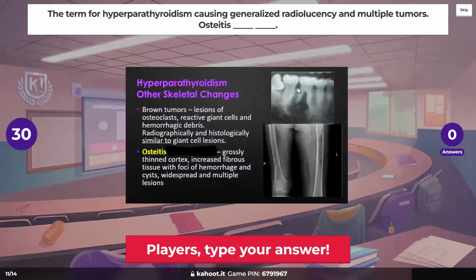Term for hyperparathyroidism causing generalized radiolucency and multiple tumors is osteitis blank blank. Crossed it out here so you can't see it. You got to type it in.